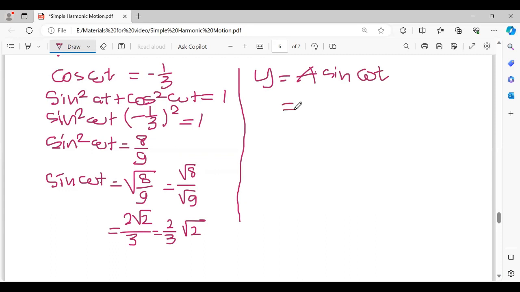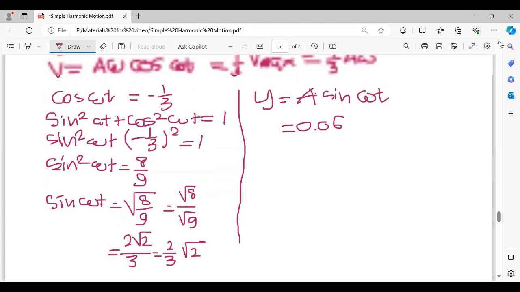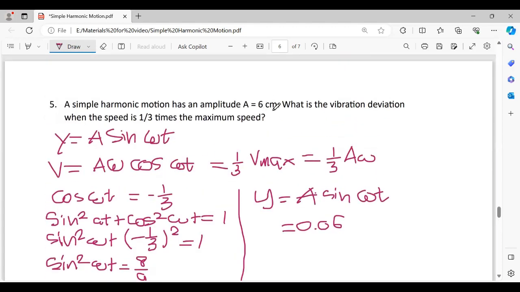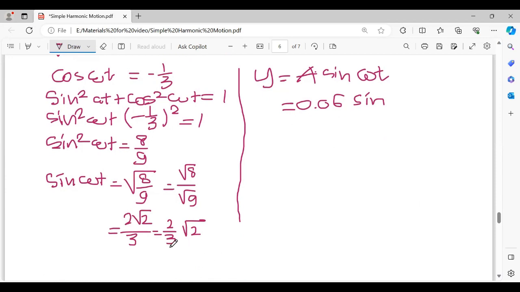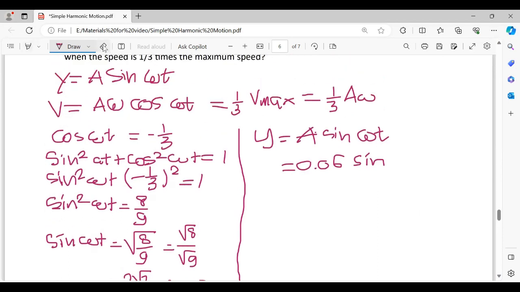It means 0.06, because 6 centimeters converted into meters is 0.06, times sine omega t, which is 2 square root 2 over 3.